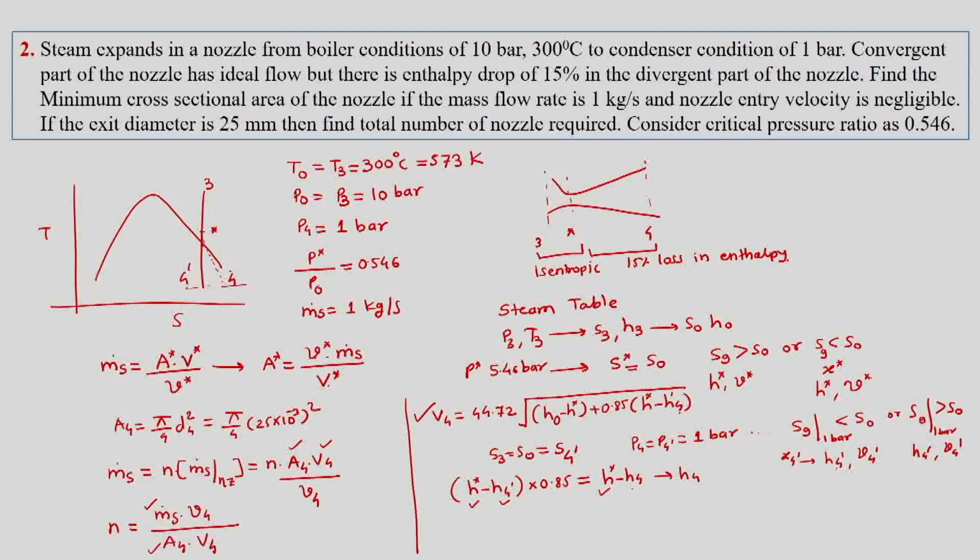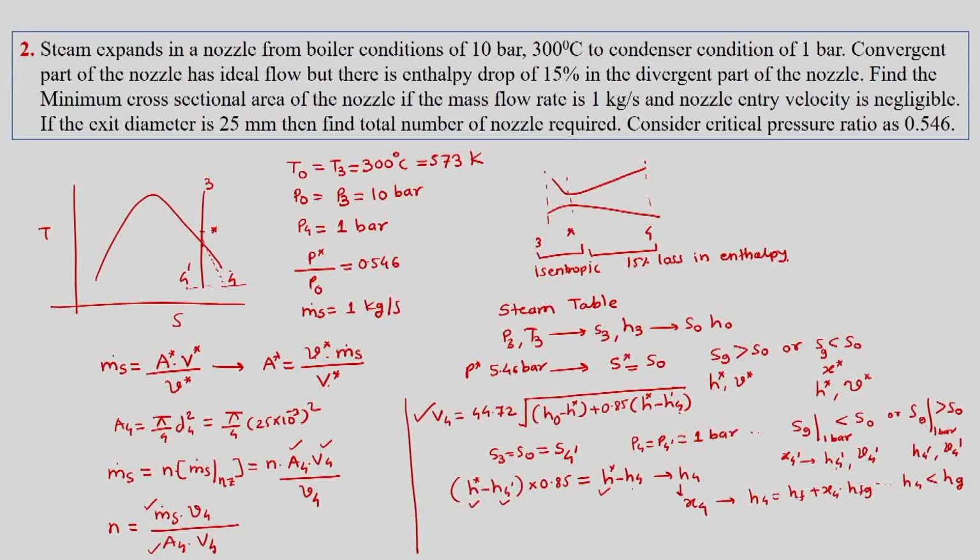So once H4 is known, we can find out X4. Since we know that H4 is equal to HF plus X4 into HFG if H4 is less than Hg. Otherwise X4 is 1, then we don't have to bother.